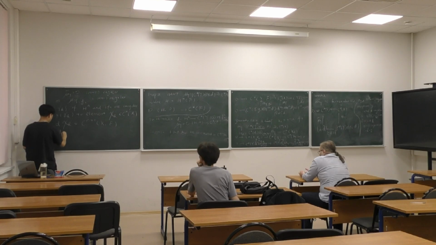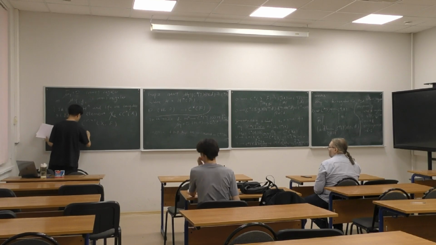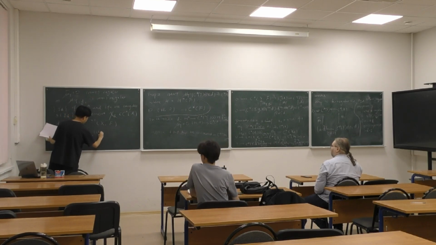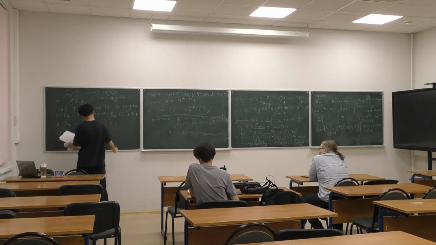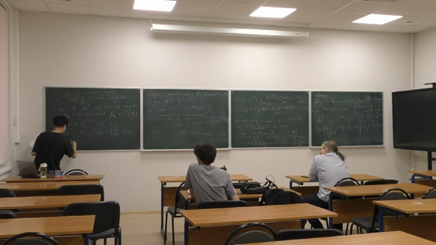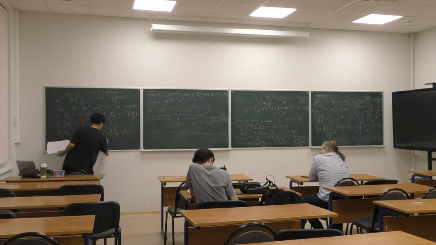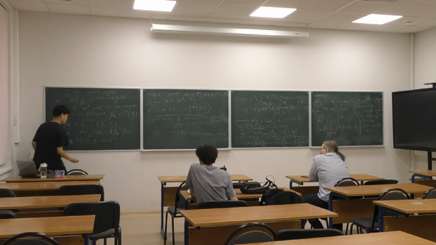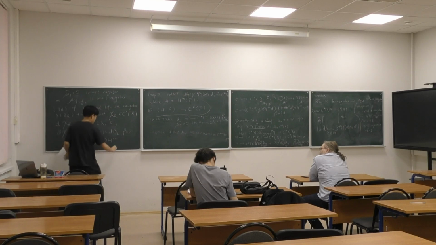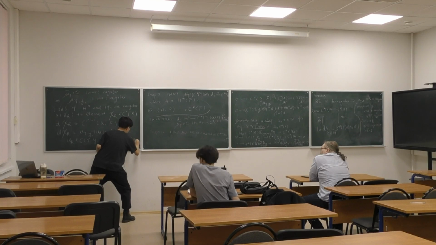So you can write d chi_k as a sum. First part is u_k plus v_k, where u_k is an element of C(Y0) tensor H less than n, and v_k is an element of X_f.